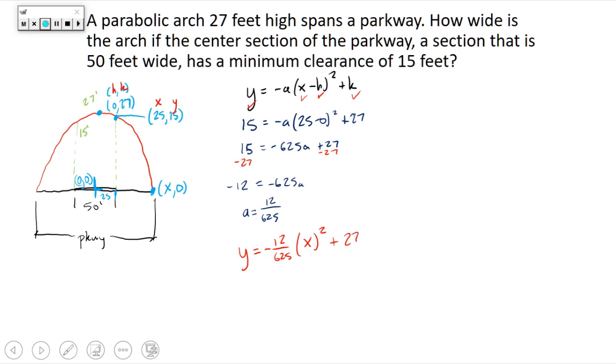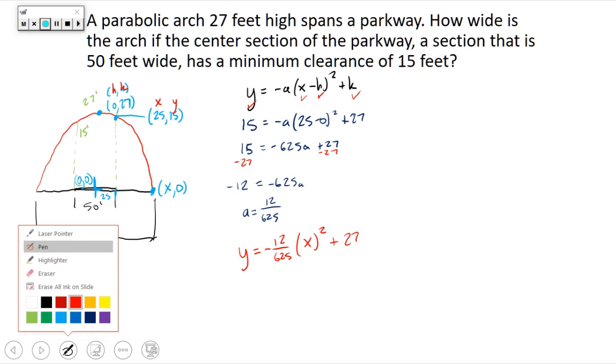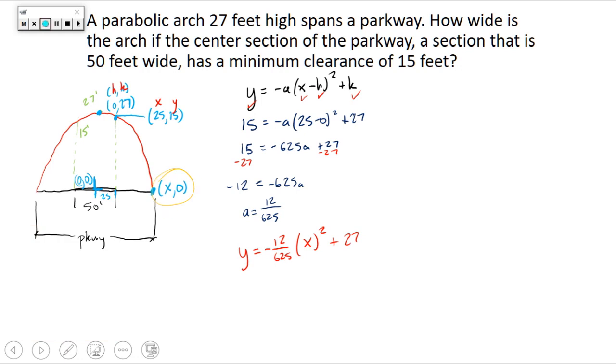Alright, that's the equation of that parabola according to where we put the vertex, the origin at 0, 0. Now, remember what we want to find for this problem is this value here. So we want to know the value of x when y is 0. Well, for that, we're just going to plug in 0 for y, and that's going to equal negative 12 625ths x squared, which is what we're trying to find, plus 27.